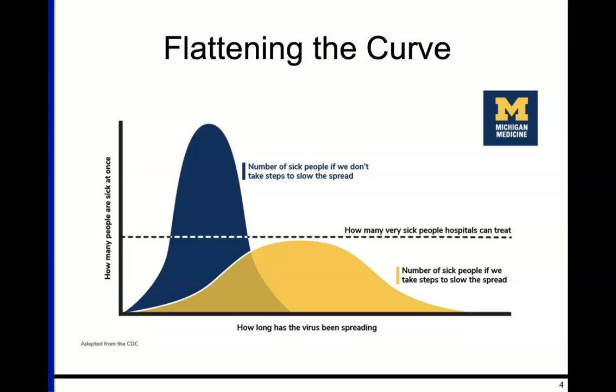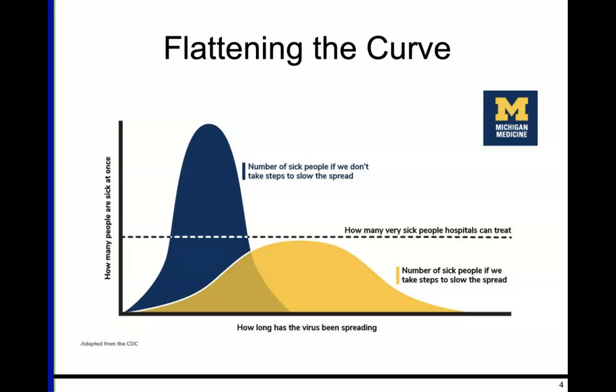At the pace we were going, the prediction was this blue graph, where the number of people who got sick was going to go up really high beyond the number of hospital beds that we had to be able to treat people who were sick.